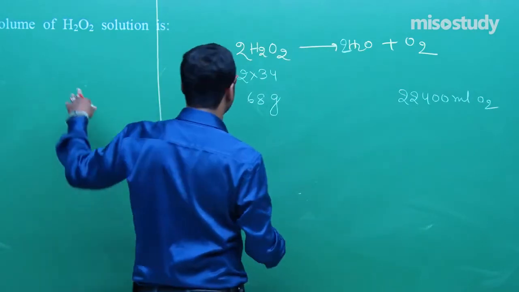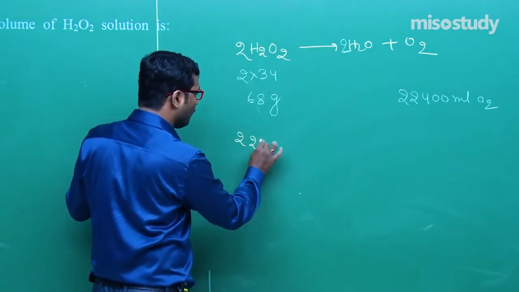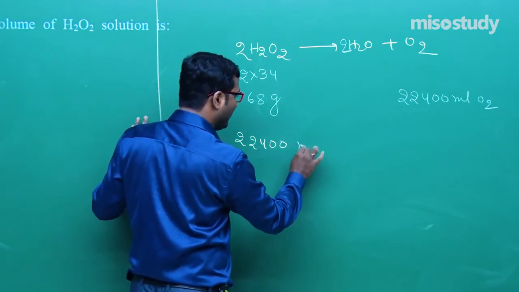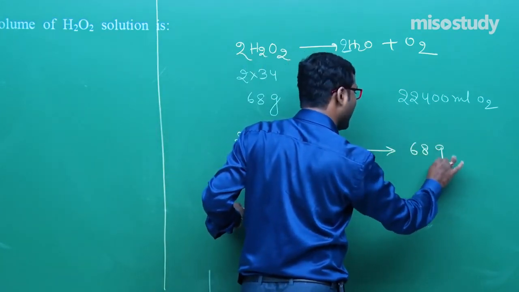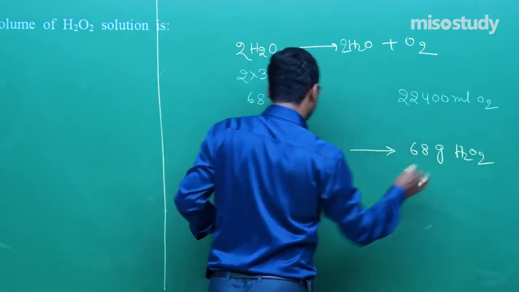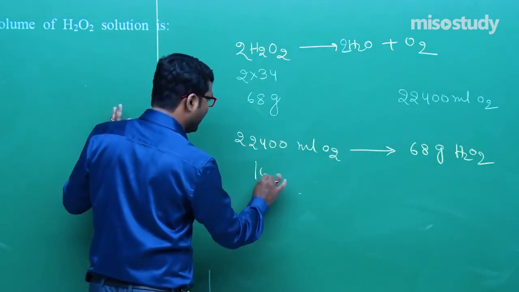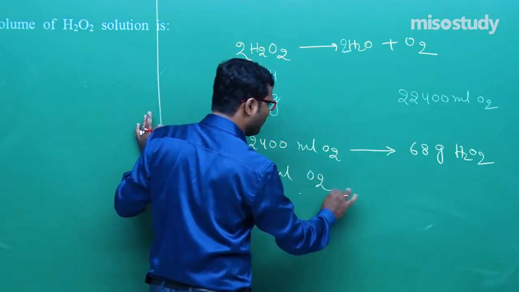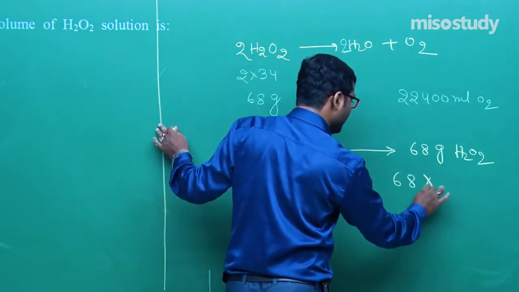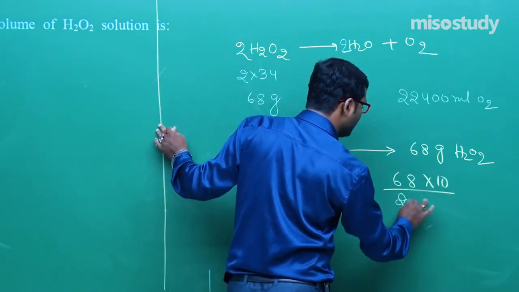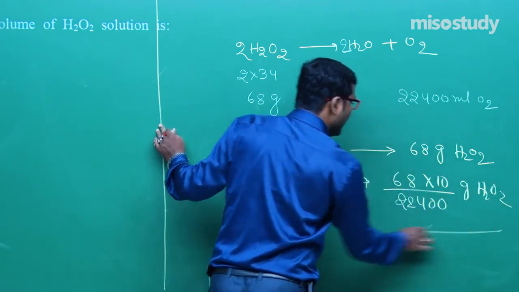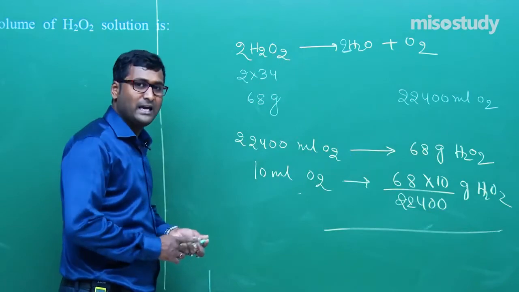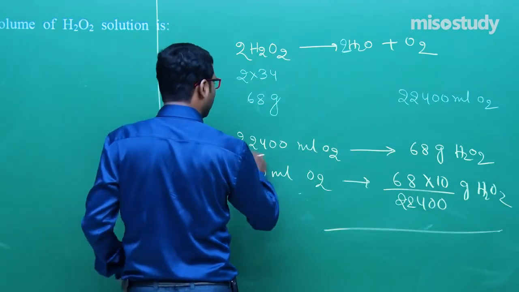Now, at 10 volume, 22400 ml of O2 is found from 68 gram of H2O2. Now 10 ml of O2 is found from 68 into 10 divided by 22400 gram of H2O2. Now after solving, what do we get? We get the complete strength.